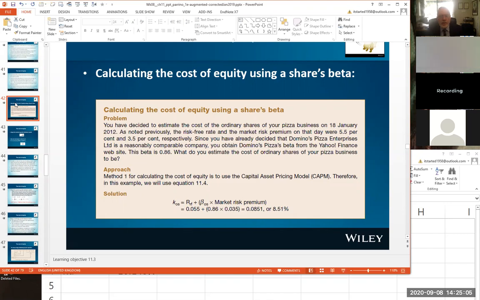And really, it's simply the application of the capital asset pricing model. I don't think we really need to do that by hand. The capital asset pricing model is pretty straightforward. We've got the risk-free rate and the market risk premium, 5.5% and 3.5% respectively.